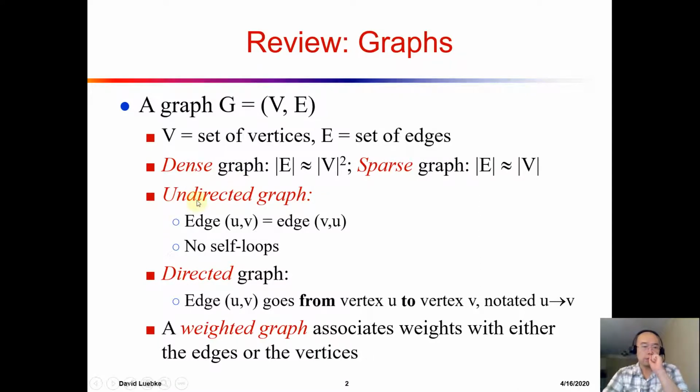And for the undirected graph, this means the edges are the same no matter which way they go. So the edge from U to V is the same edge as from V to U, and that is an undirected graph. For the directed graph, we emphasize the direction.